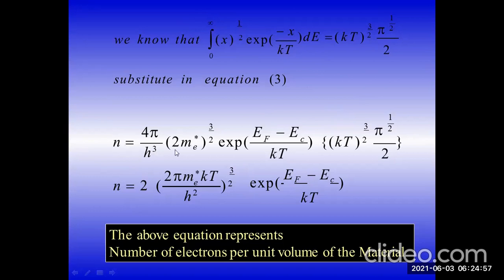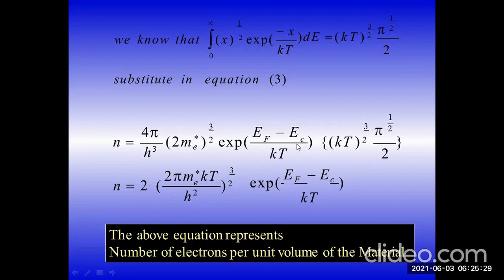So n is equal to 4π by h cubed (2 m_e*) to the power of 3 by 2 exponential of (EF minus EC) by KT, and this is root pi by 2, right? Now the 2 inside 3 by 2 and the 4 outside, and also the 2 here, cancel. So we get (2π m_e* KT) whole to the power of 3 by 2 by h squared into exponential of (EF minus EC) by KT.